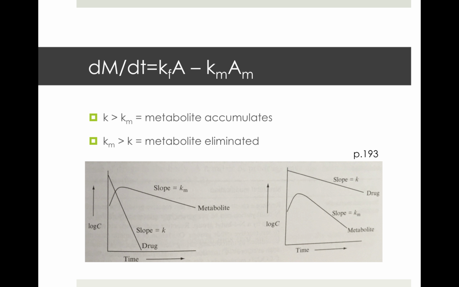So you can see that the concentration of the drug will go down in the body, but the metabolite will remain pretty constant. So that shows that as the drug is finished doing its thing, the metabolite will build up, and then over here on the right, the drug and the metabolite will both be eliminated together, and the metabolite is much lower concentration than the drug, so the metabolite is excreted and does not build up after the drug is finished, and that's where Km is greater than K is seen.